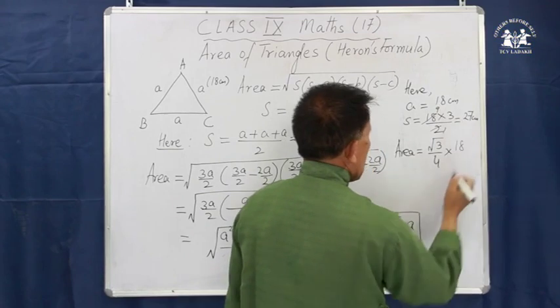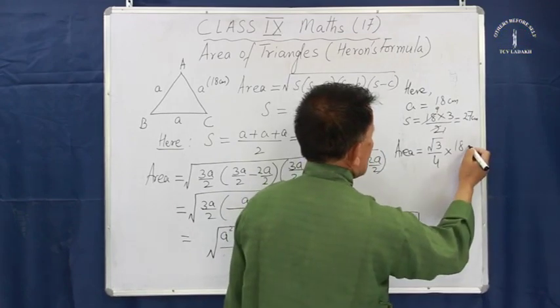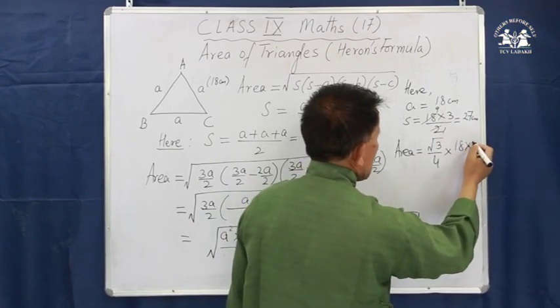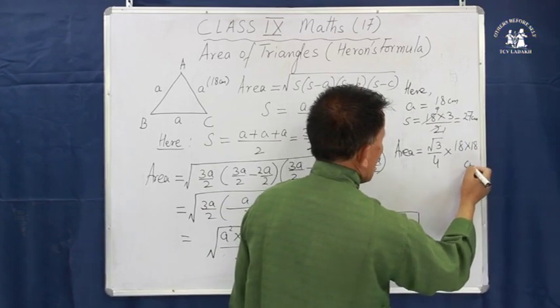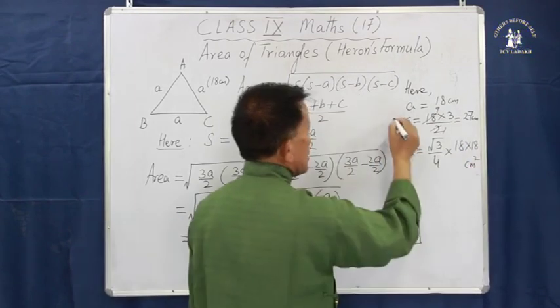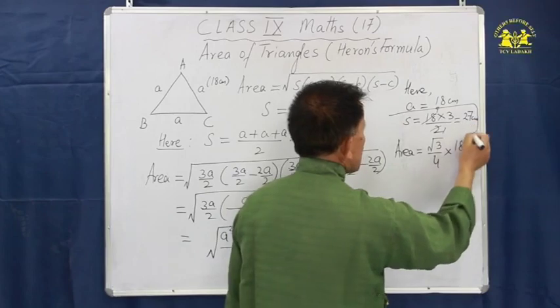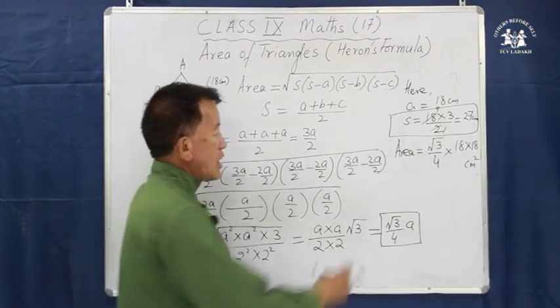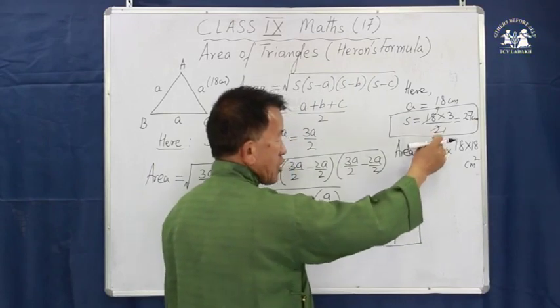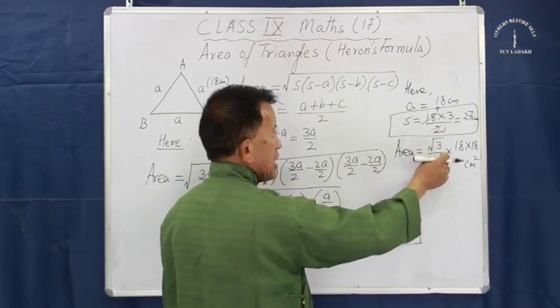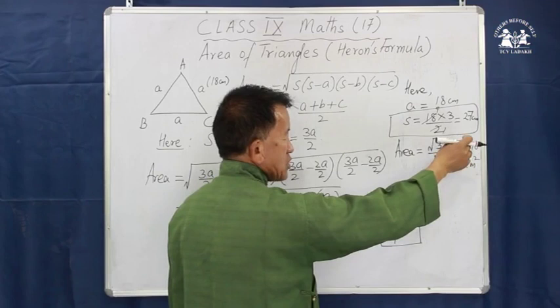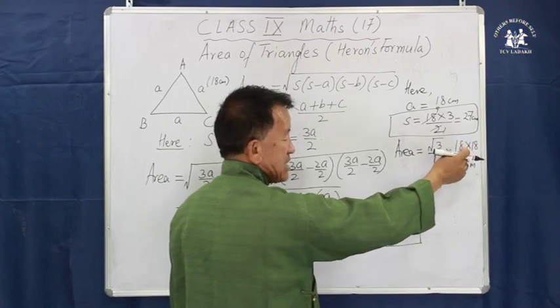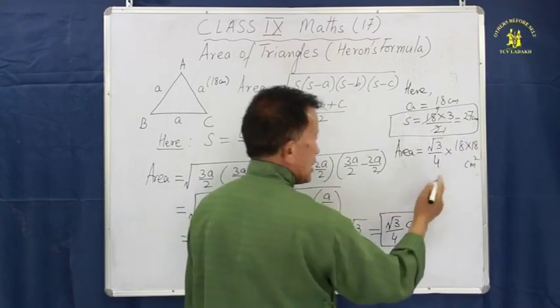It's 18 square, 18 into 18, you'll have 18 square centimeter. Now in this case, the area is equal directly to the square root of 3 by 4 into A square. So in this case, A is 18, 18 into 18.